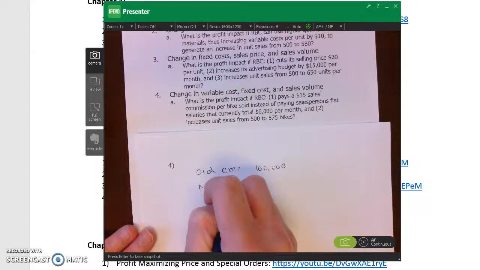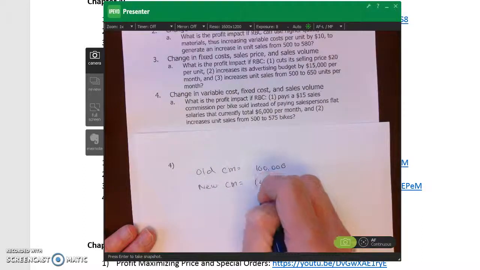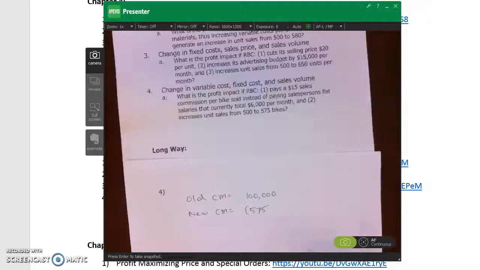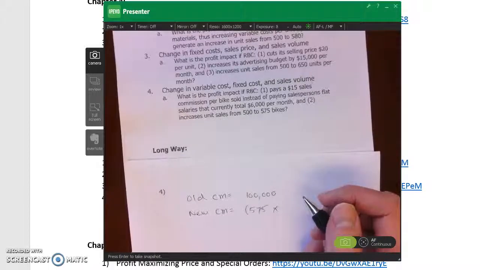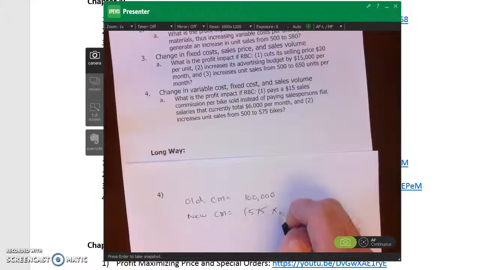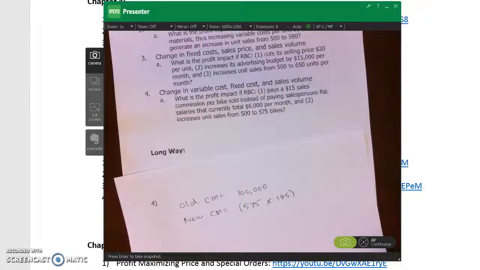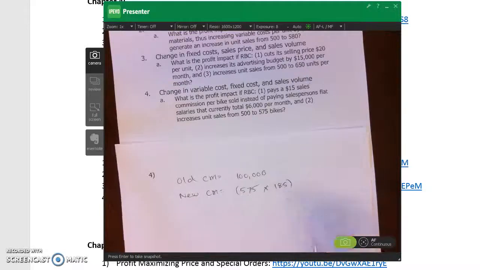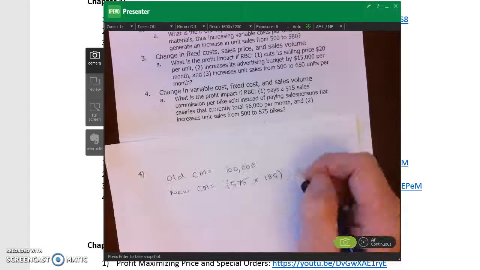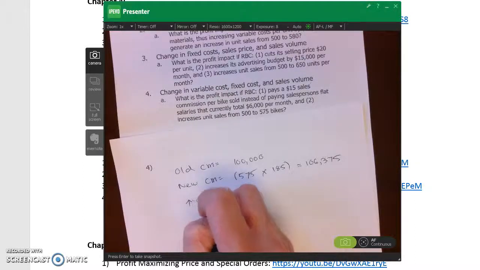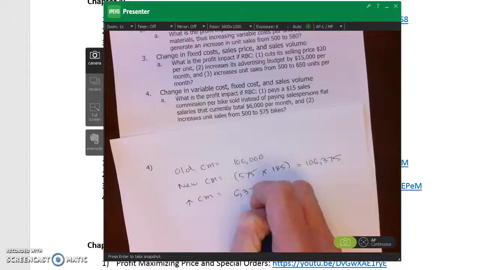And then remember, our new CM is going to be equal to our 575, which is the number of bikes, times our new CM per unit, which is going to be our 185, because our variable expenses went up by $15, so it becomes 500 minus 315, which gives us 185. So this gives us our 106,375, which means our increase in CM equals 6,375.